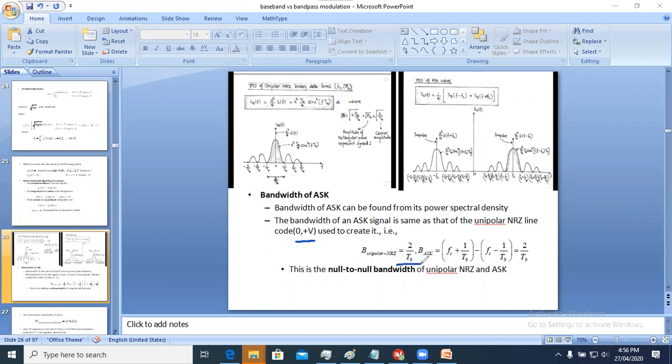In fact, it spans from 1 by TB to minus 1 by TB. From null to null points, its bandwidth is 2 by TB. So the bandwidth of amplitude shift keying is centered at the carrier frequency. And if you see the power spectral density, you can take the value of this is also 2 by TB.